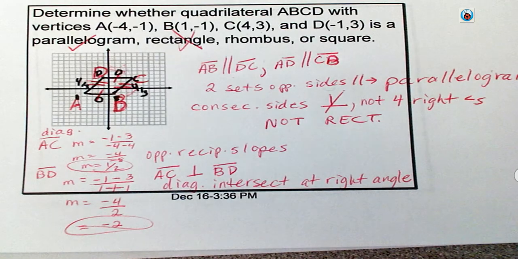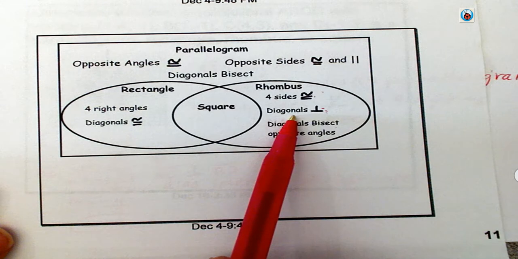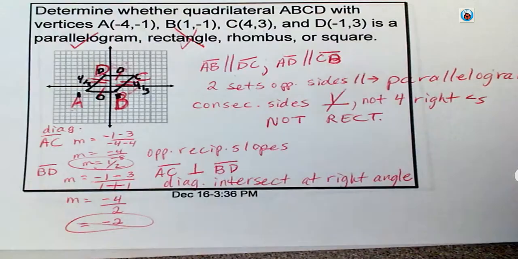My diagonals are perpendicular, they intersect to form right angles. It is in fact a rhombus and does pass that test.